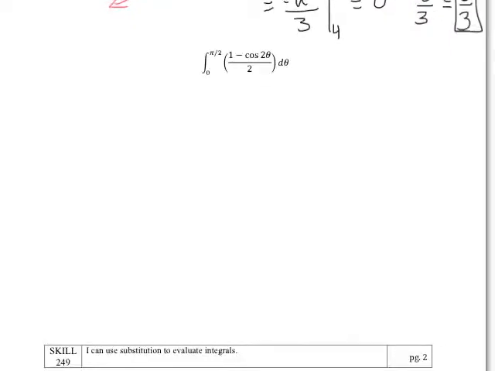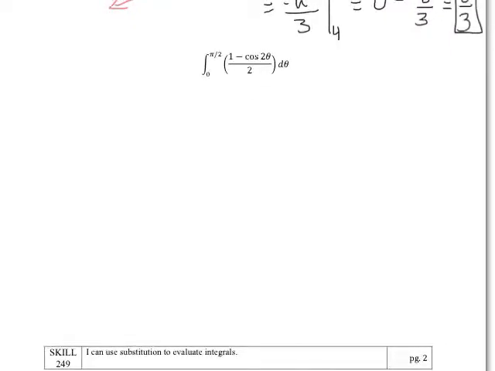What we have here is a problem which looks a little bit tricky, but we might realize that with a little manipulation we can reduce the problem to something that's a little bit easier. Let's first split it into two fractions. So I have 1/2 d theta minus negative cosine 2 theta over 2 d theta.